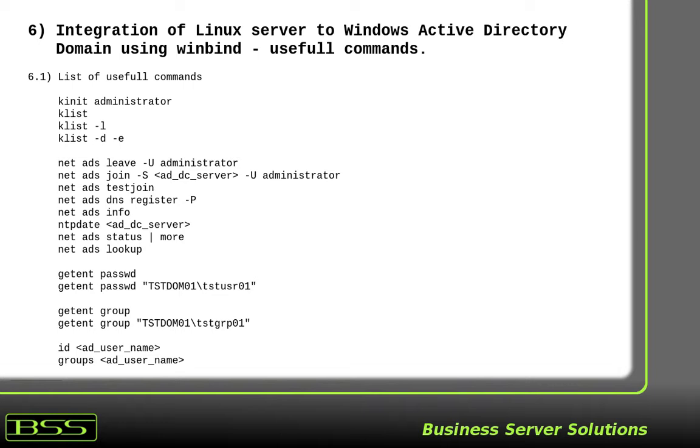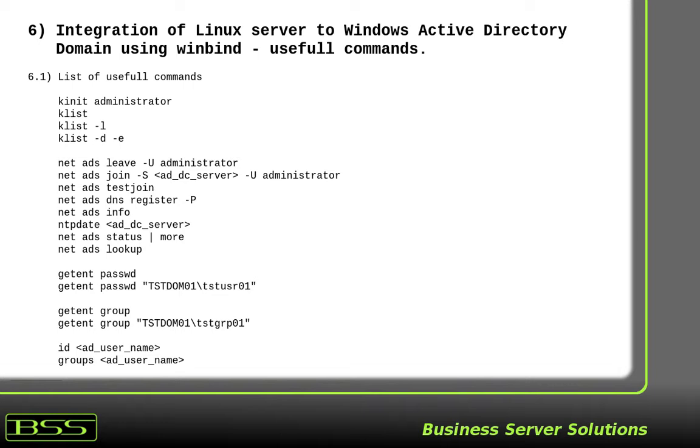If you want to get information only about one particular user, you use getent passwd and the name of the user, which is in our case tstdom01/tstuser01. The same with getent group, and getent group for a particular Active Directory group.